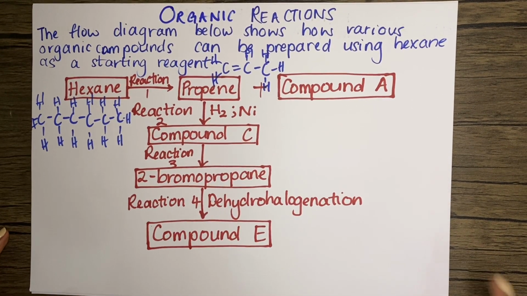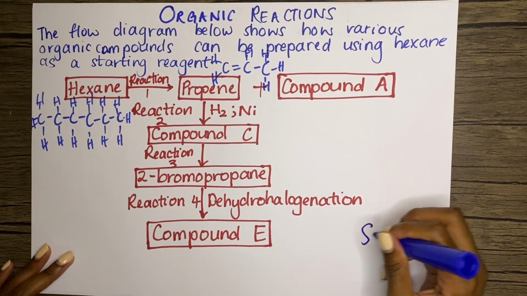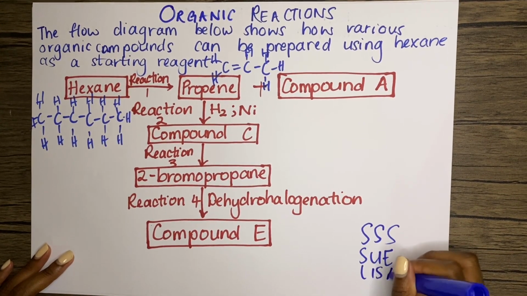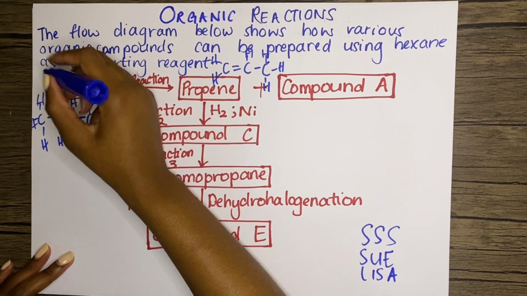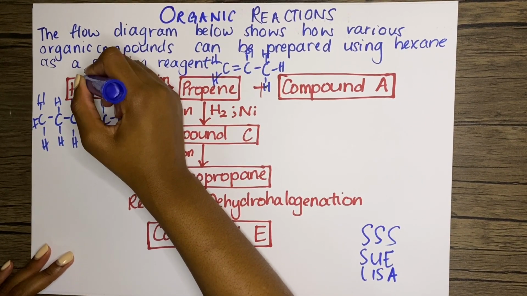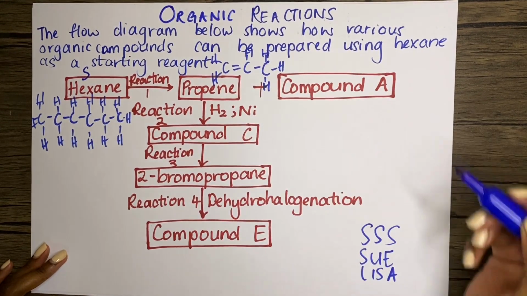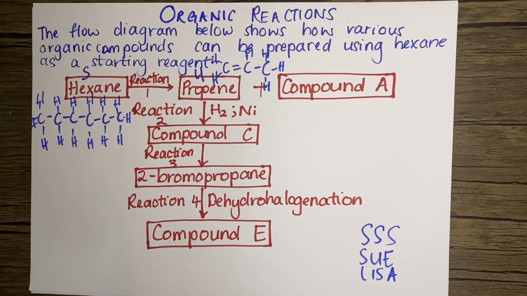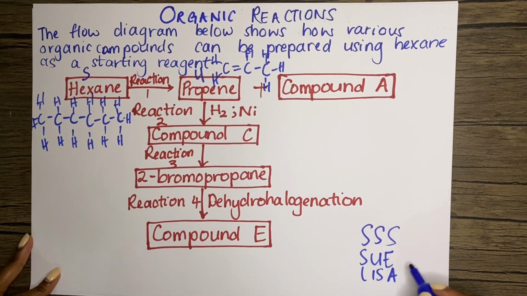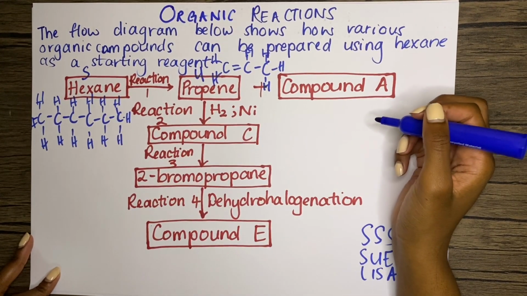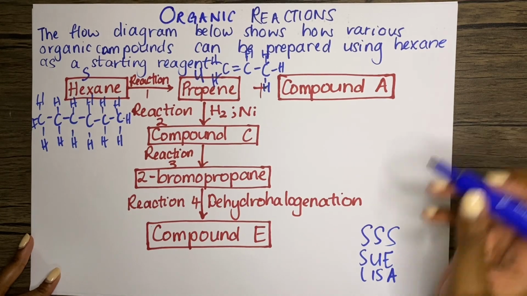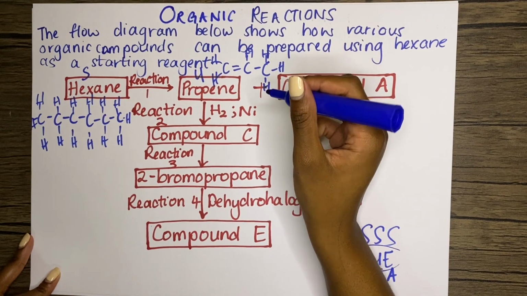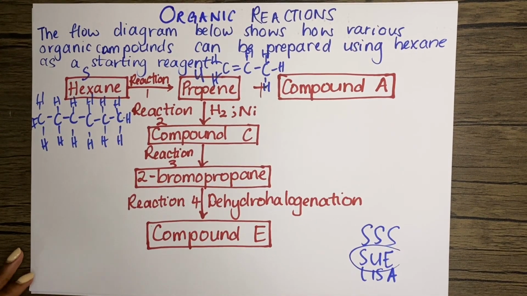And then, if you remember these that I just showed you now, this hexane would be saturated. This propene, which is an alkene, is an unsaturated organic molecule, which means this reaction 1 that is happening here is an elimination reaction, right? So reaction 1 is an elimination reaction.